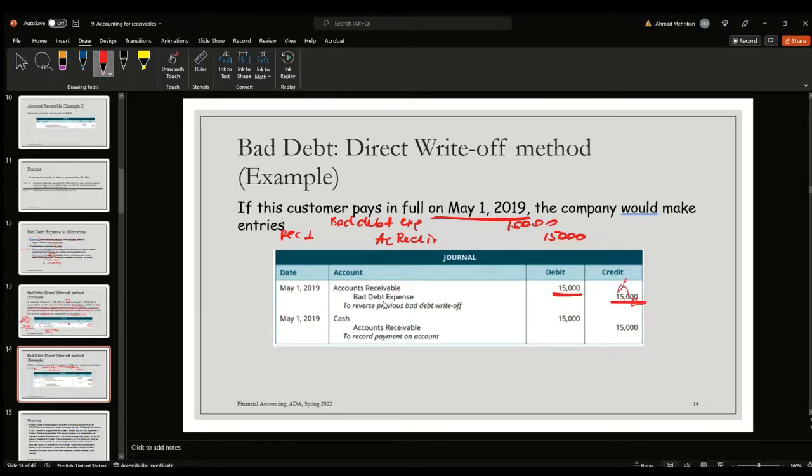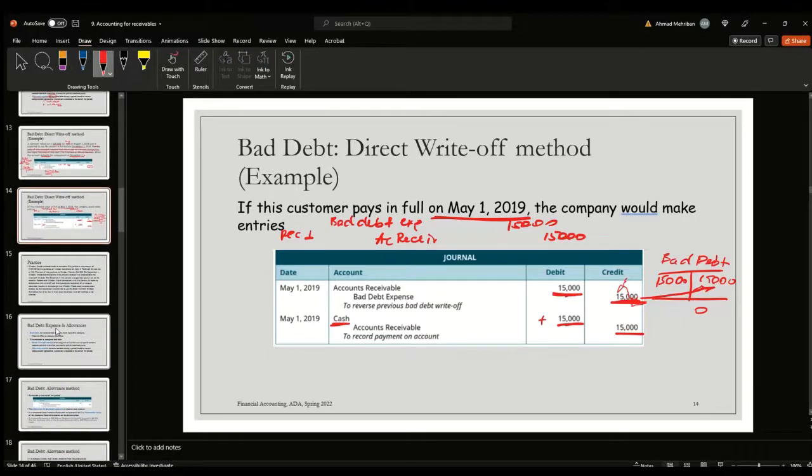So the bad debt expense account, which at first on December 1 was entered on the debit side, we now credit, and bad debt is now 0. We receive the cash from the customer on the same day, and account receivable is finally closed again, not because of the bad debt, but because the cash has been received. I hope that's clear.